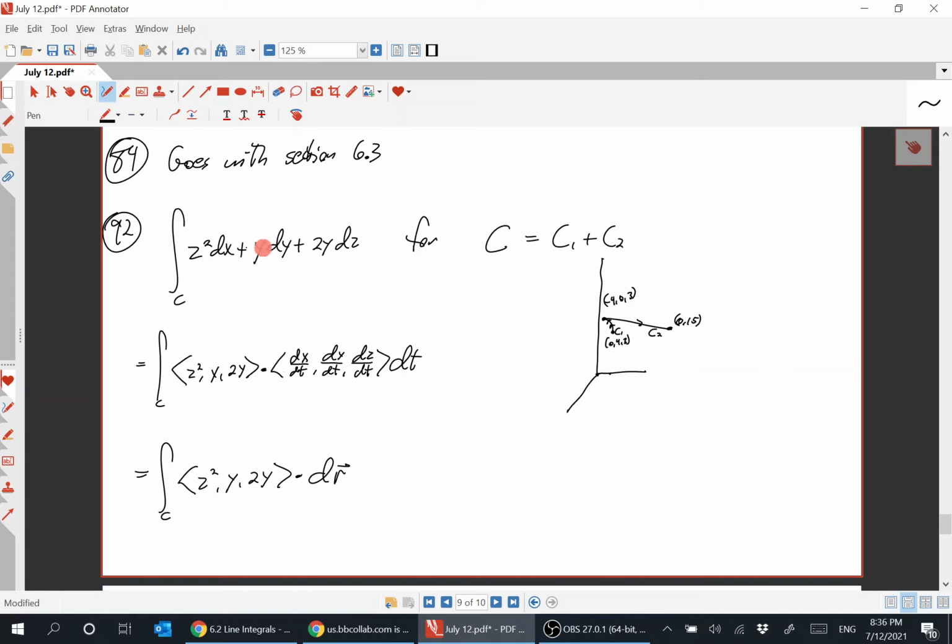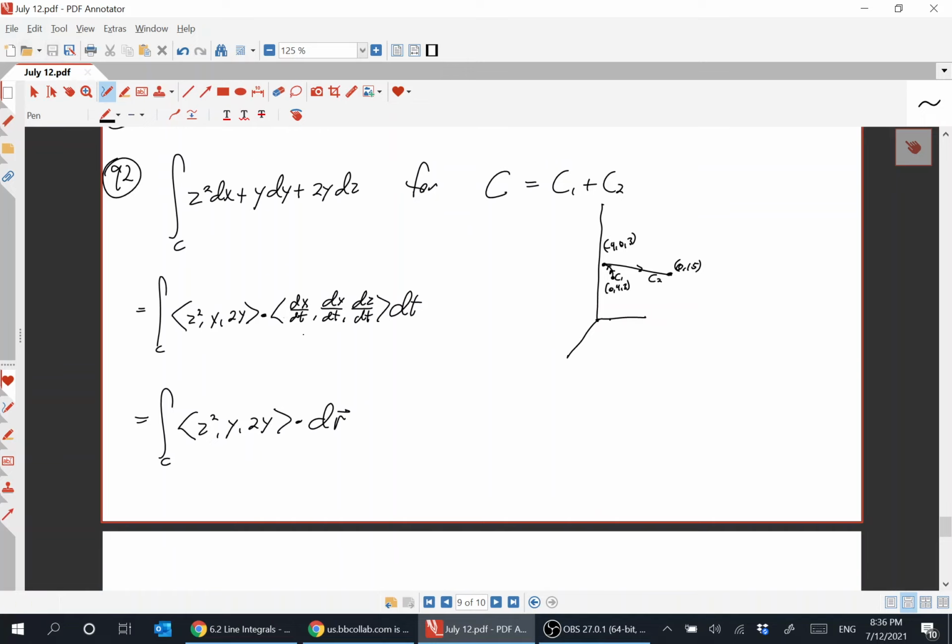I don't like this notation so much. I'm not really sure why people use this notation rather than just writing it like that all the time, but there you go. It's maybe a little bit more closely related to Green's theorem or Stokes' theorem, but I don't think it's necessary to use two different notations for this.